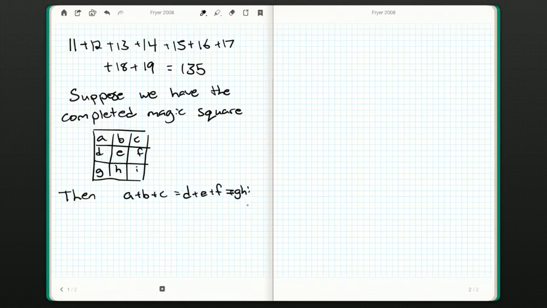So the sum of the first row, which is A, B, C, is going to be the same as the sum of the second row, D, E, F, and it's the same as the sum of the third row. They're also the same as the sums of the columns and the sums of these diagonals. That's what the magic constant is. So if we can figure out what A plus B plus C is, then we know what the magic constant is.